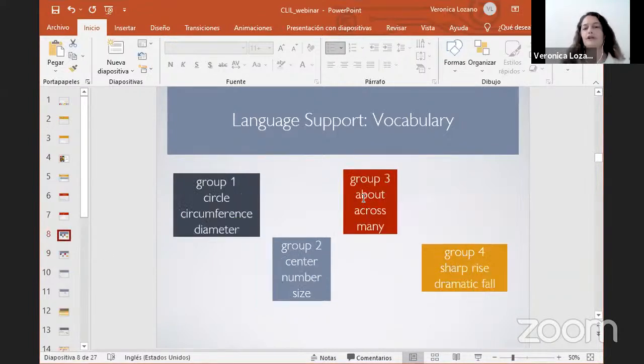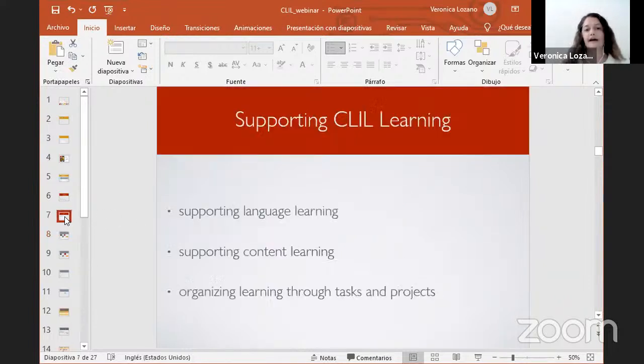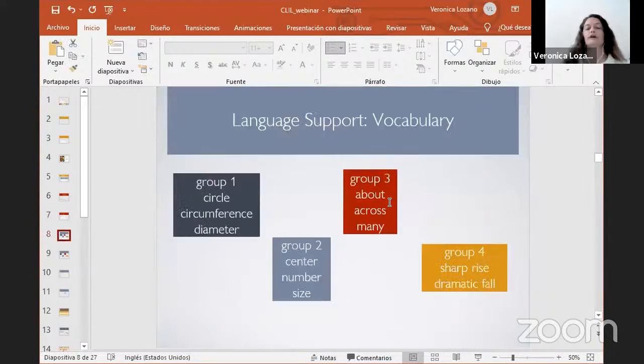As you can see here, they are prepositions, quantifiers, so probably they are abstract. Their concept is abstract. So it's important that students are familiar with high frequency words, because these words will help them communicate.